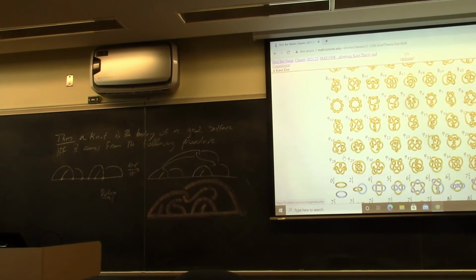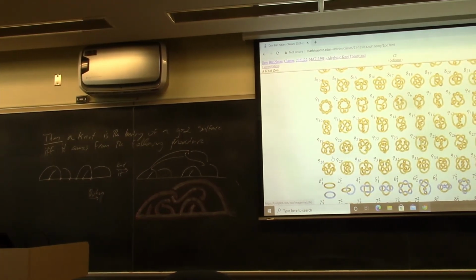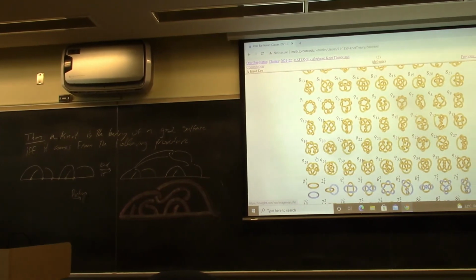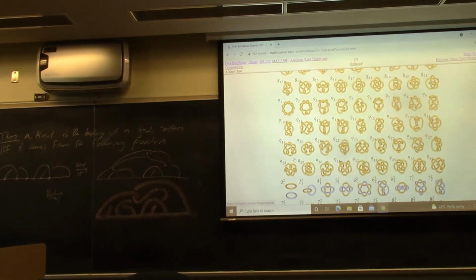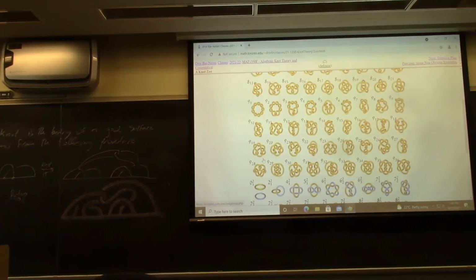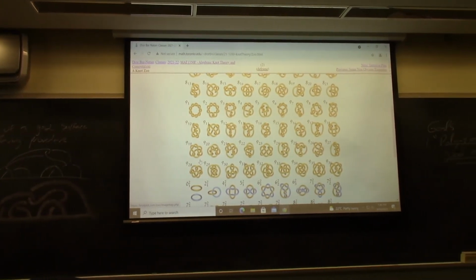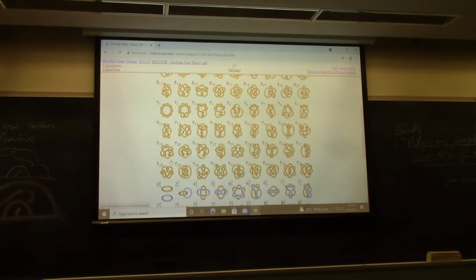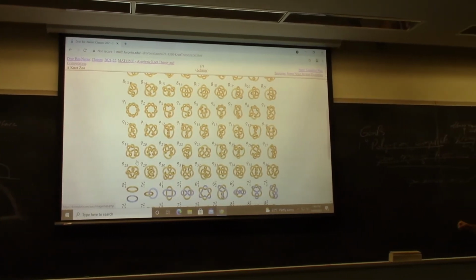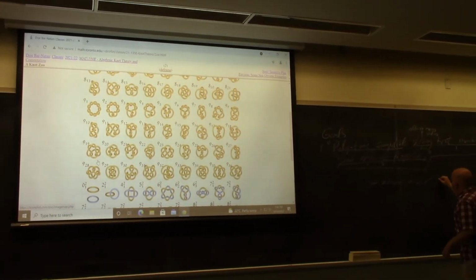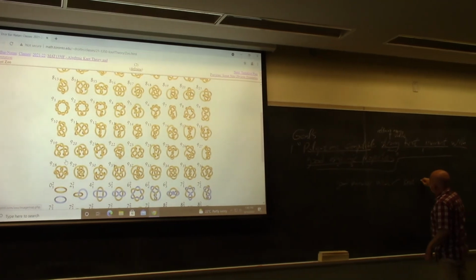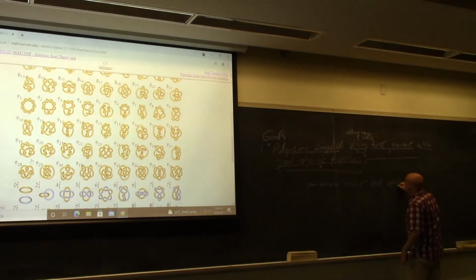So what are good algebraic properties? Good algebraic properties would mean good behavior under knot operations.